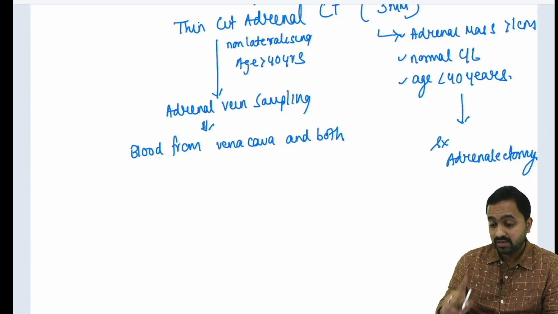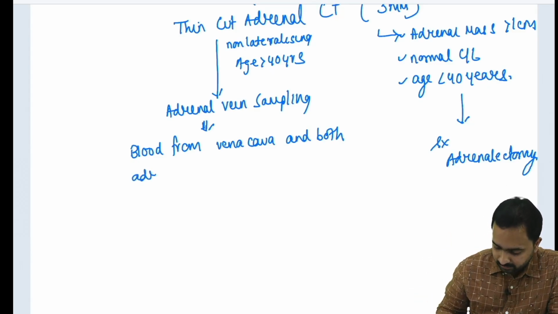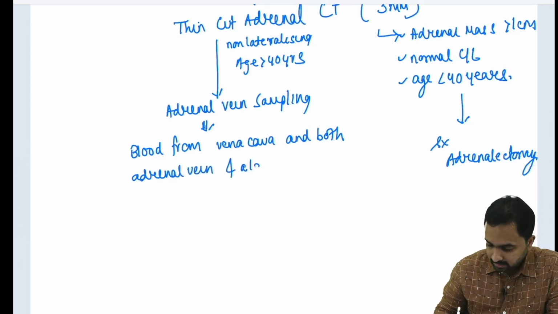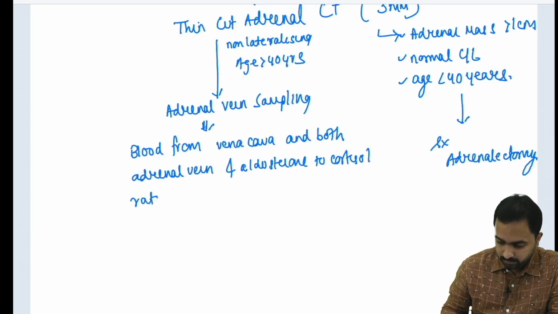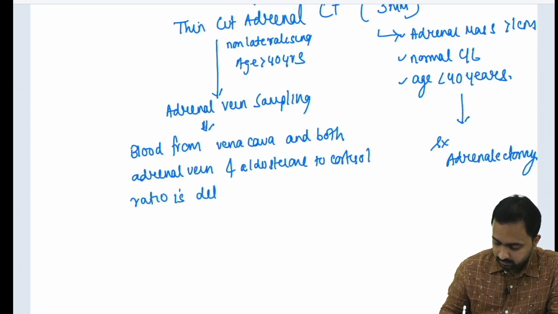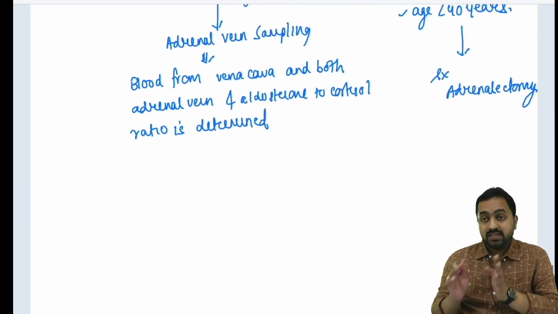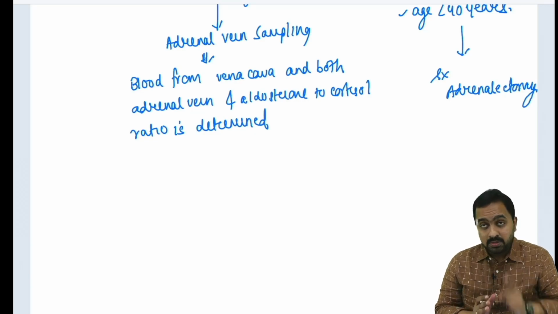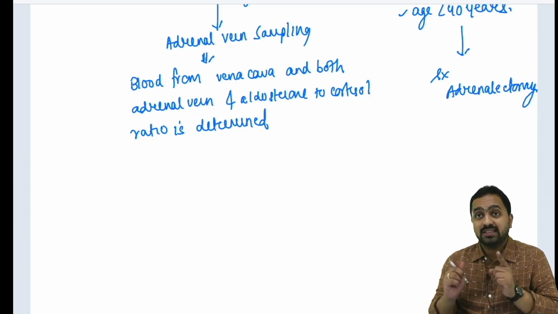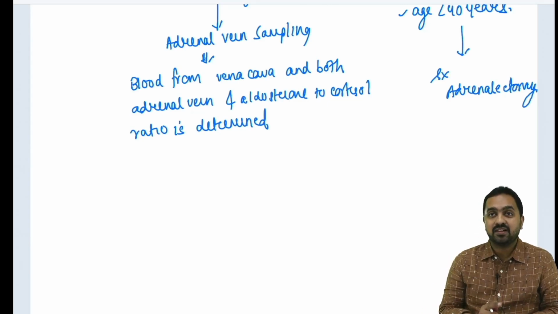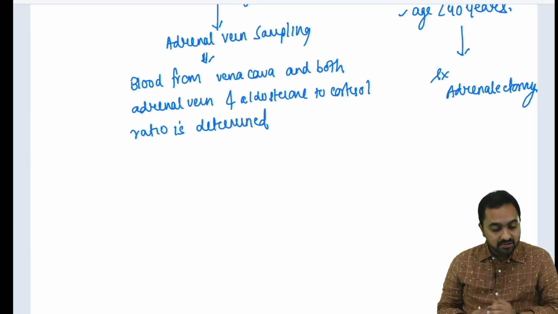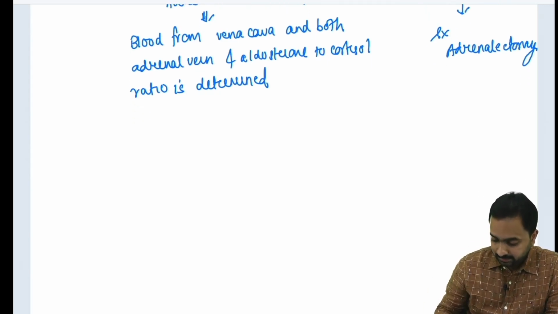The keyword over here is both adrenal veins, and the aldosterone to cortisol ratio is determined. So in case of adrenal vein sampling, blood is taken from both the adrenal veins and the inferior vena cava, and the aldosterone to cortisol ratio is determined.